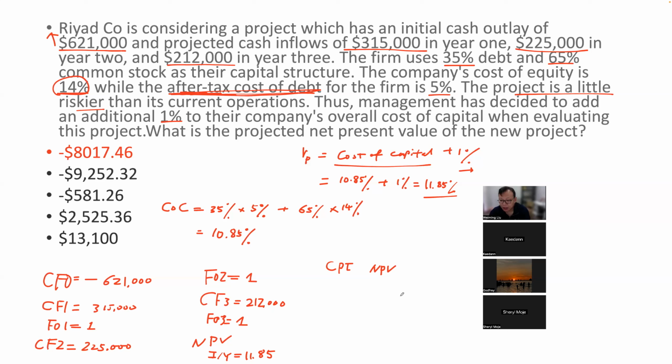Did you guys get this result? Kaden, Godfrey, how about you, Cheryl? Did you get the result?